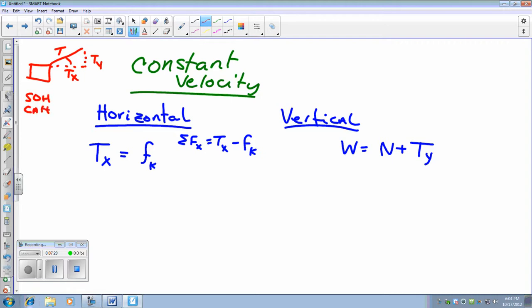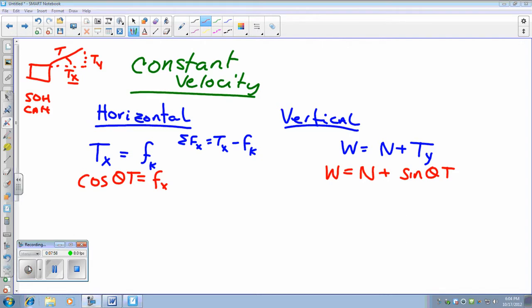If I want to find the magnitude of the tension in the x value, I'm going to go cosine theta multiplied by the tension is going to be equal to the force of friction. Jump over to the vertical side. I can do the exact same thing. Weight is equal to the normal plus sine theta multiplied by the applied tension.